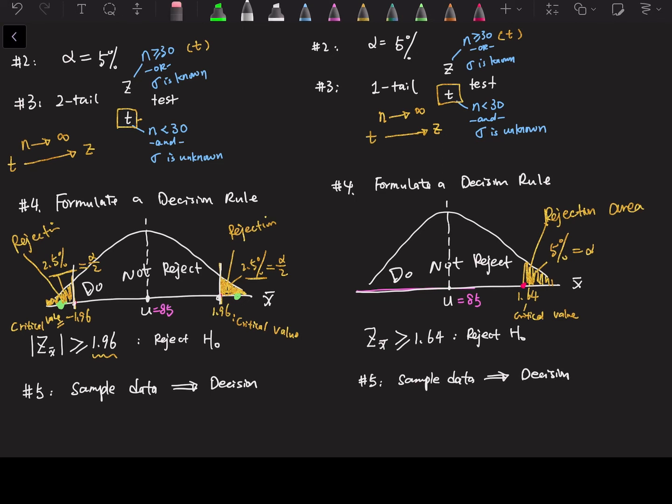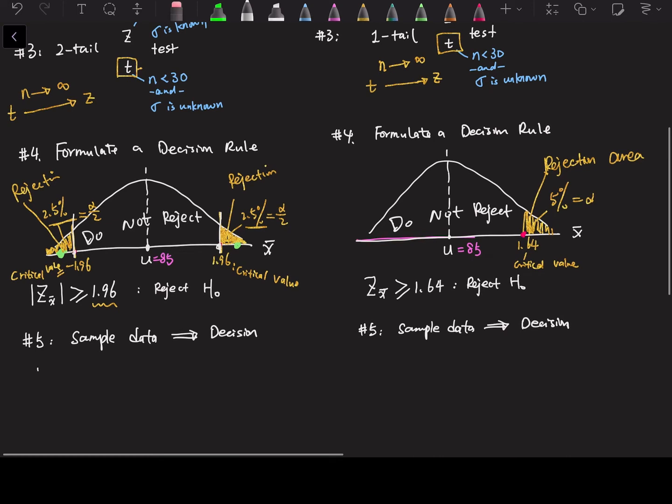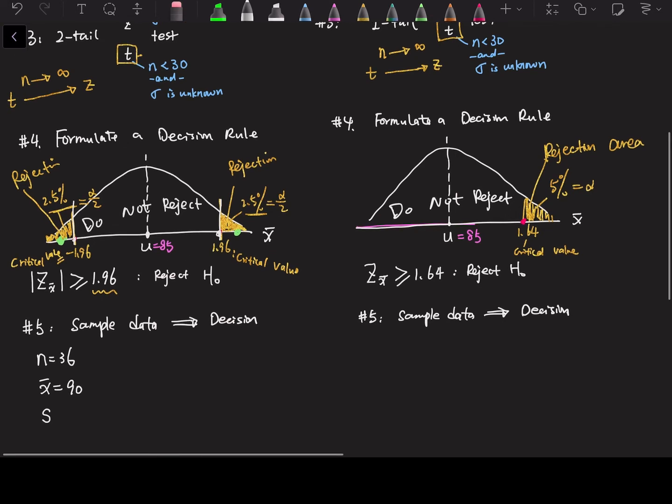So let's suppose this n is 36. Out of the population, you take 36 observations, and you compute the sample mean, maybe 90, and you compute the sample standard deviation, maybe 6. And this is your sample data.